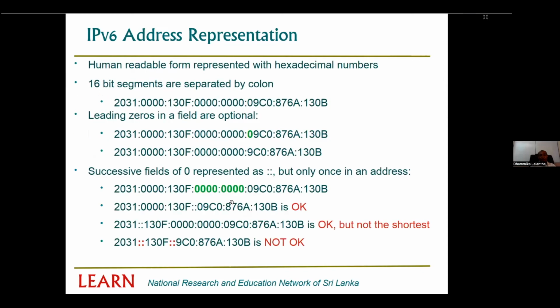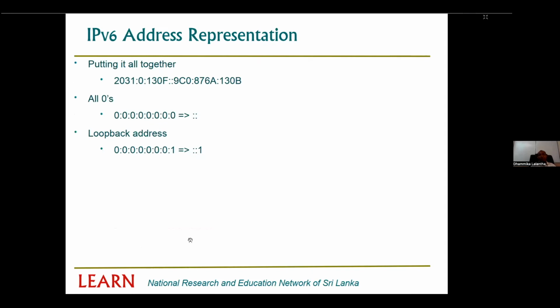Also, as I said, we cannot separately replace another all-zero segment with a double colon like this. It is not okay. Putting it all together, we receive this address. This is the shortest possible form we can have.